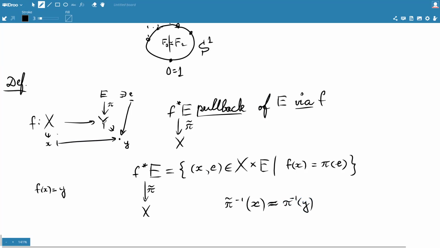So this means that if I have X, let me draw it below.